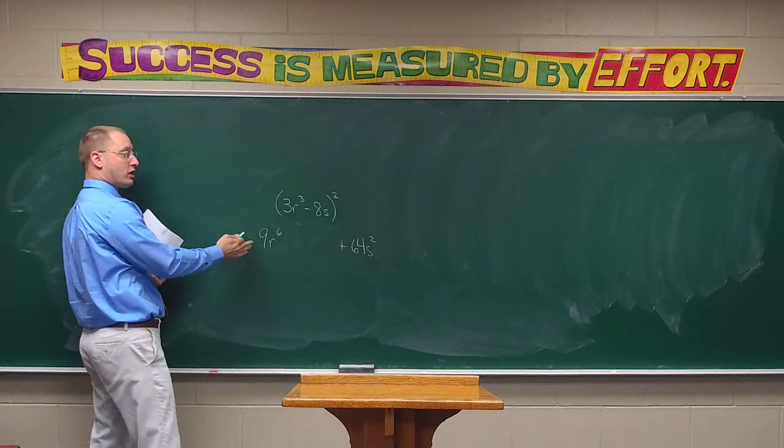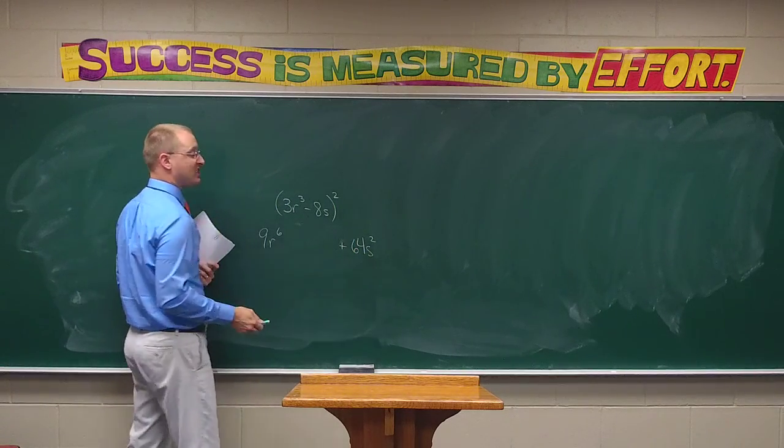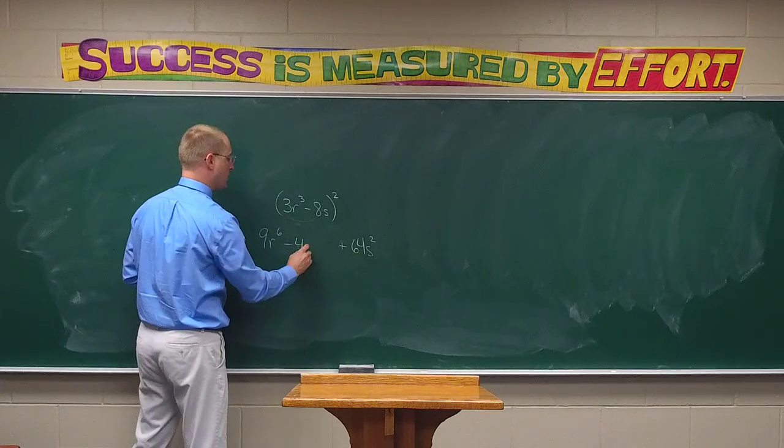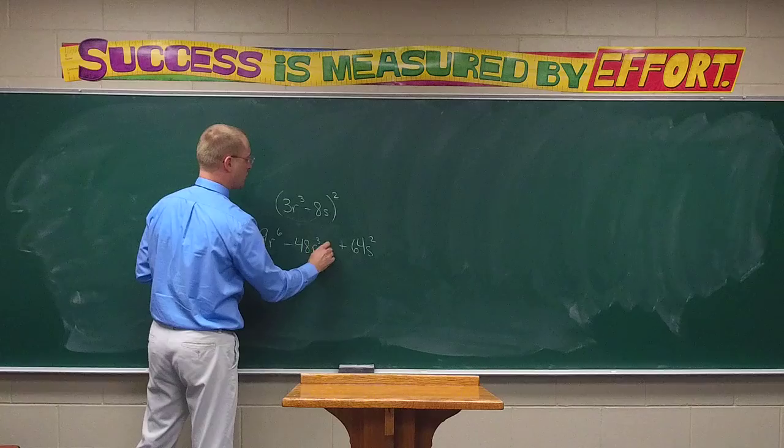Square the first, 9r to the 6th. Square the last, positive 64s squared. Multiply to get a negative 24, double that to a negative 48. Don't lose the r cubed and the s.